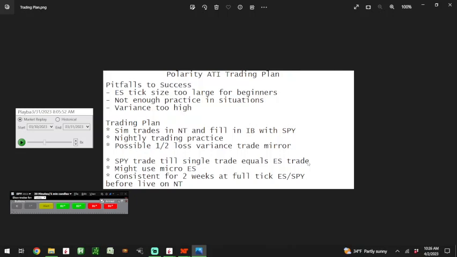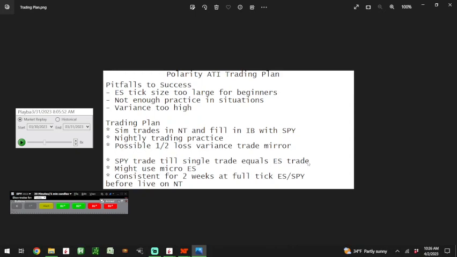Bringing up the calculator: if you have a stop loss of 15 and your tick size is 12.5, you are losing close to $200 per trade, and that's a lot. Even if you drop it down to 10, that's $125, which is still a lot.